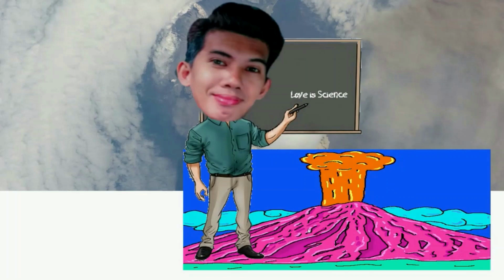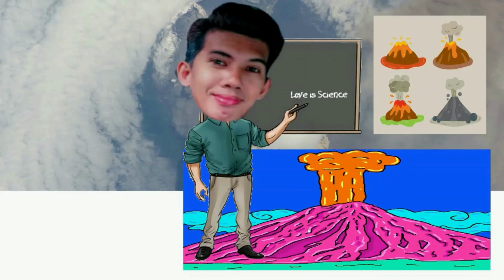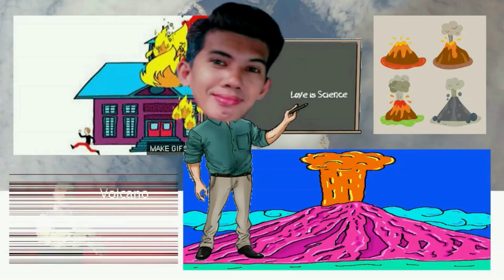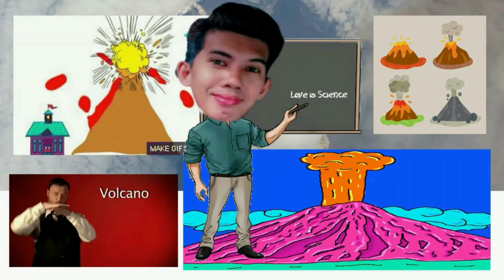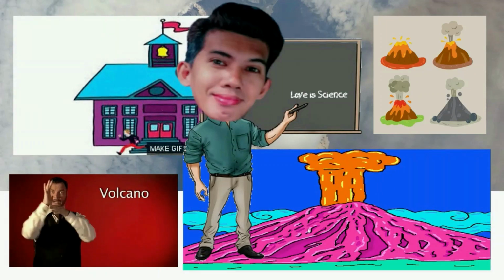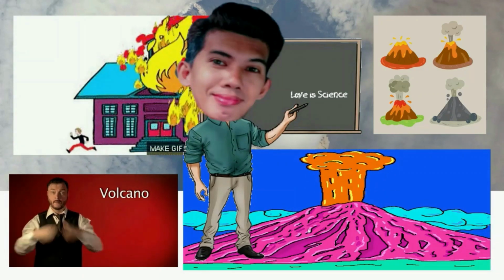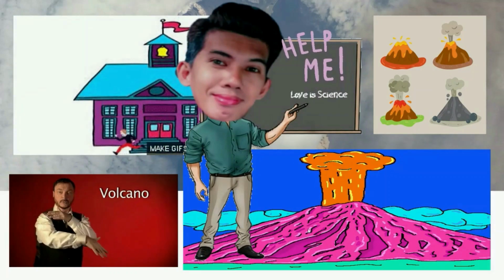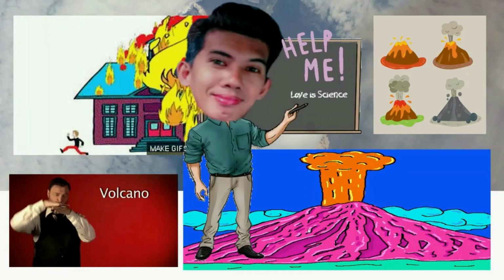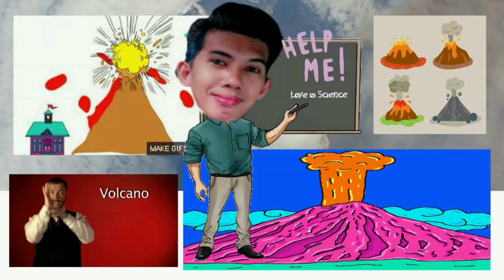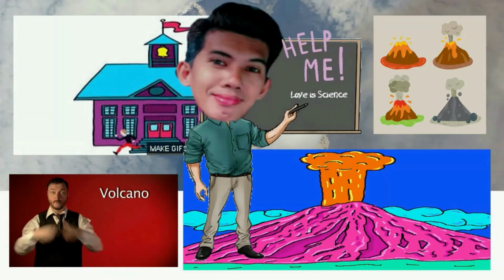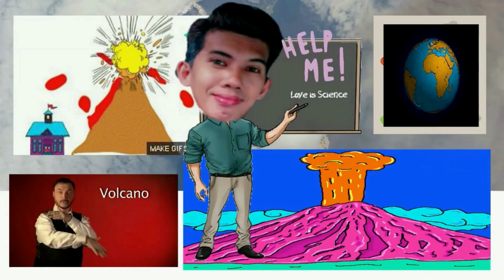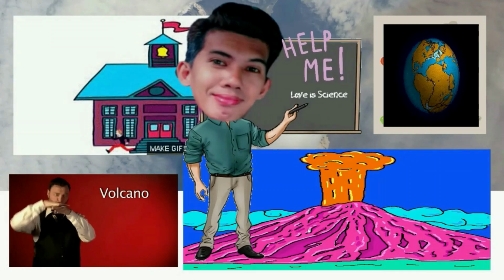You have learned about the position of the Philippines in the Ring of Fire and its relationship to the presence of active and inactive volcanoes in the country. I'm here to help you study thoroughly how and why several features of the Earth continuously change. This theory is what we call plate tectonics.